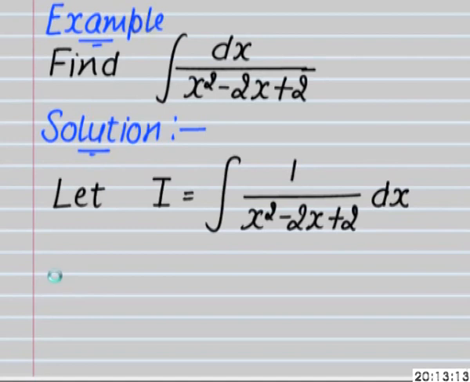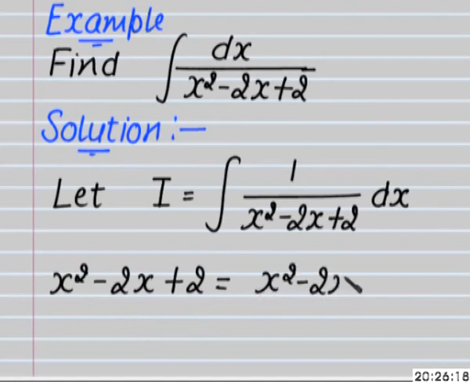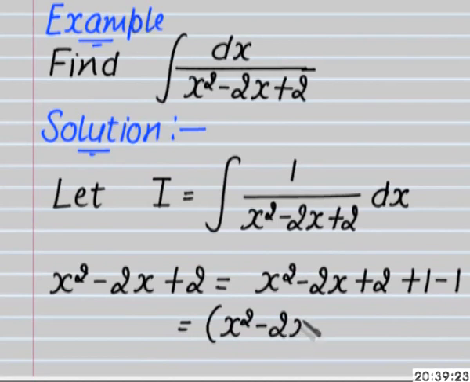Now as we know that x square minus 2x plus 2 can be written in perfect square form as it is equal to x square minus 2x plus 2 plus 1 minus 1, that is equal to x square minus 2x plus 1 plus 2 minus 1.